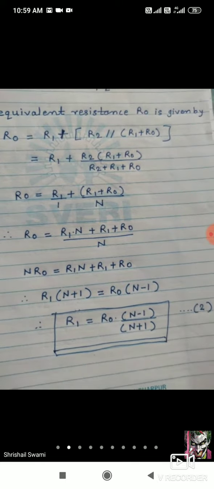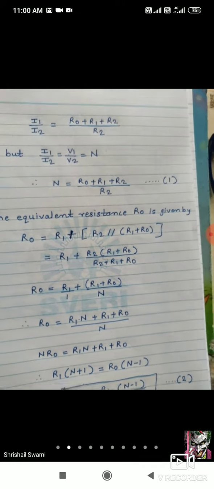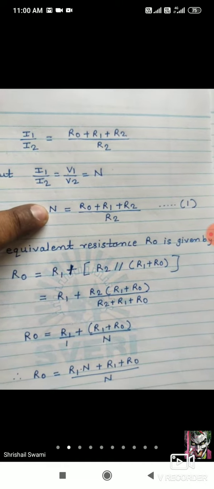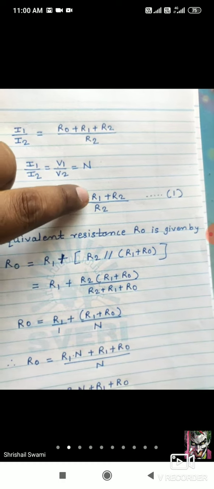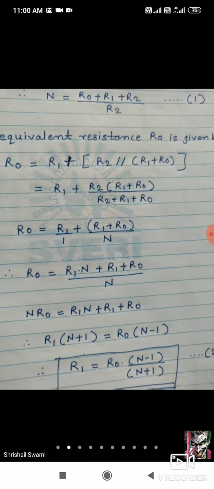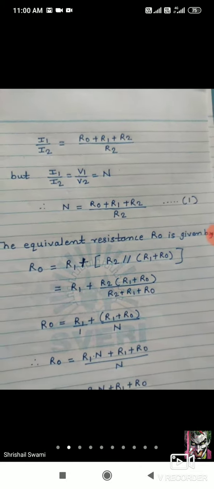Equation 2 is here with you. You can put equation number 2 in equation number 1; only R1 you have to replace. If you replace R1 in terms of R0 and N, then you can get the expression of R2.